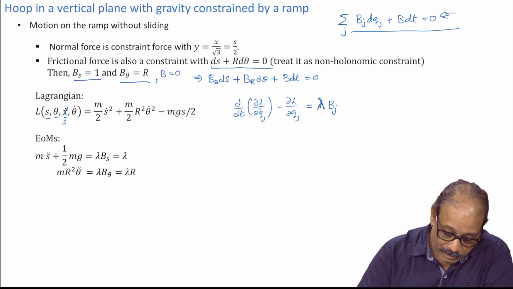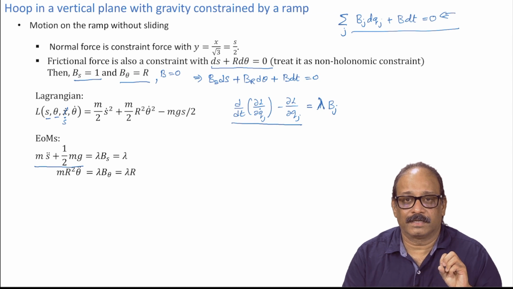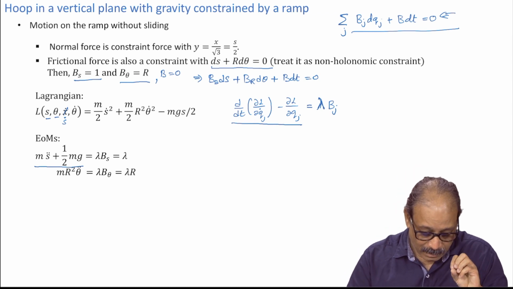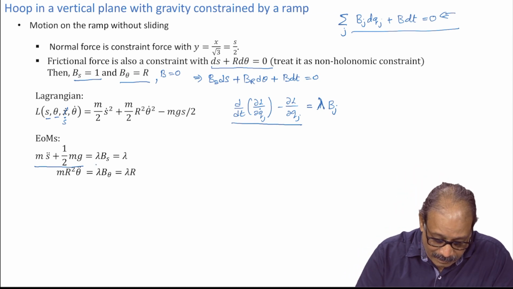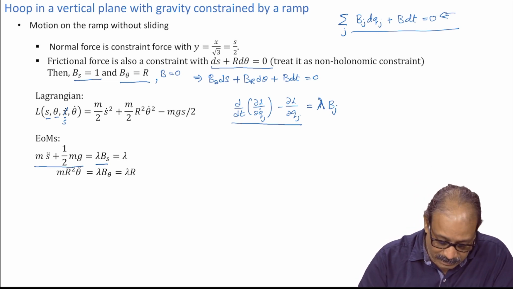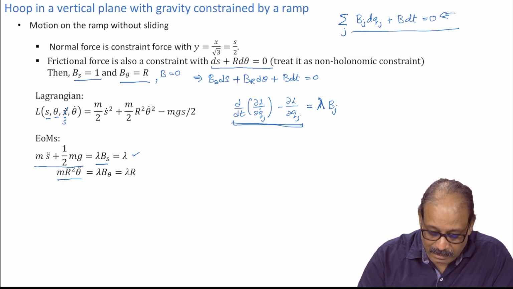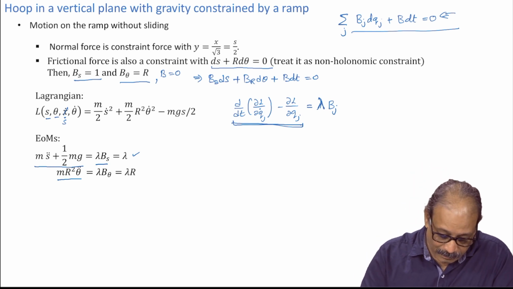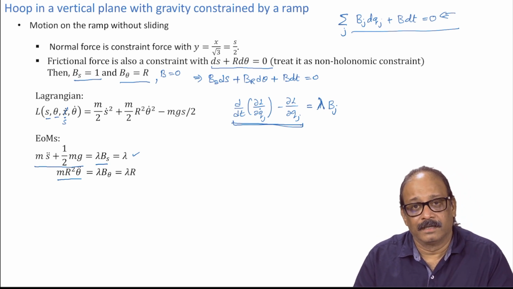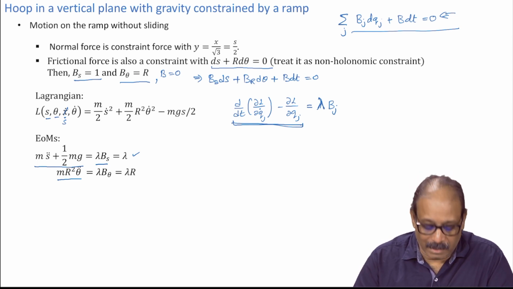So, this side of the equation, which we have already calculated, gives us m s double dot plus half m g. On the right hand side I must write lambda times Bs, but Bs is nothing but 1, so it is just lambda. And m r squared theta double dot, the left hand side of the equation, must be equal to lambda times B theta, and that will be equal to lambda times r.